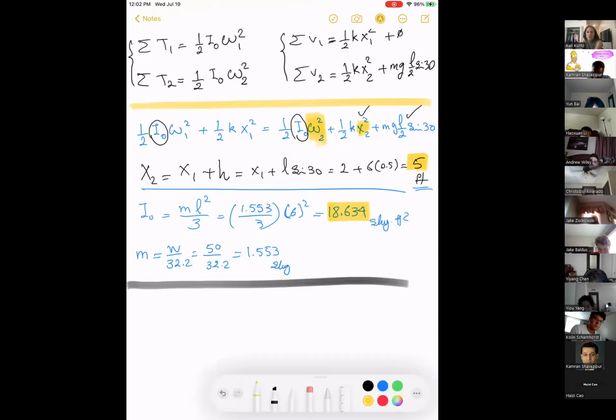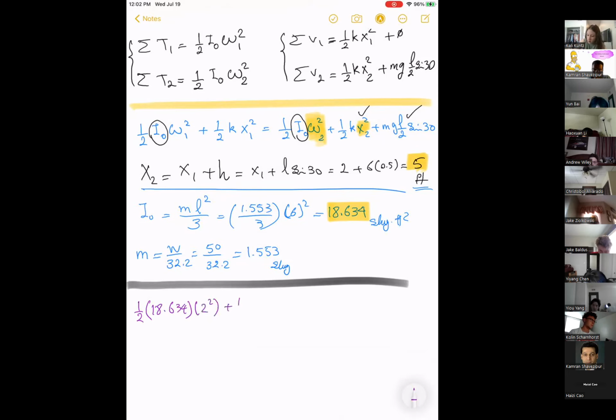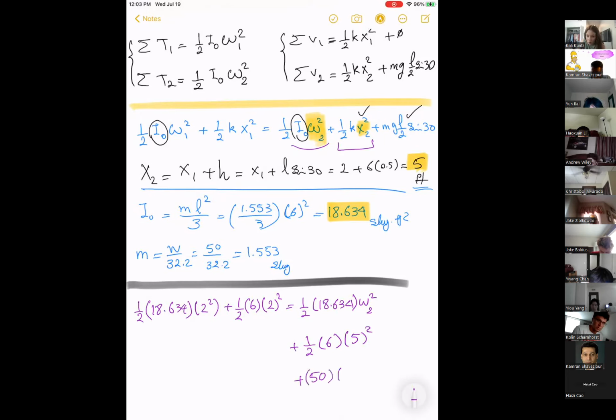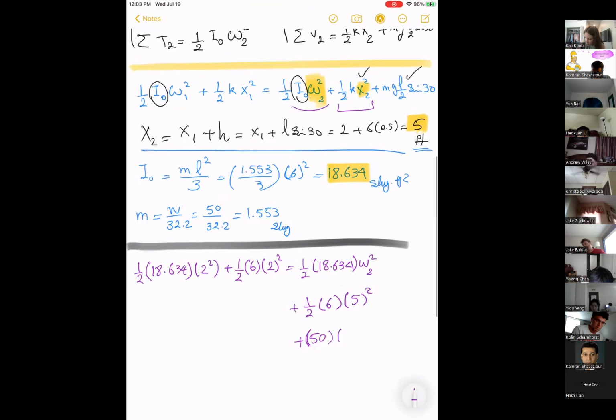You're going to get half times 18.634 times omega 1, which was 2, squared, plus half times 6 times 2 squared, is equal to half 18.634 omega 2 squared plus half 6 times 5 squared, this is this term, and then plus mg, which was 50, times L by 2, let's just put 6 by 2 so we know what is what, sine 30.